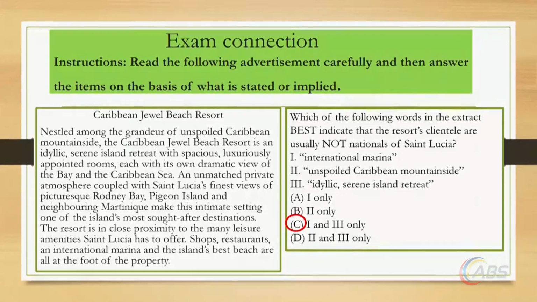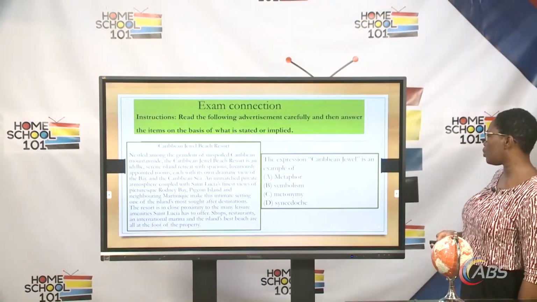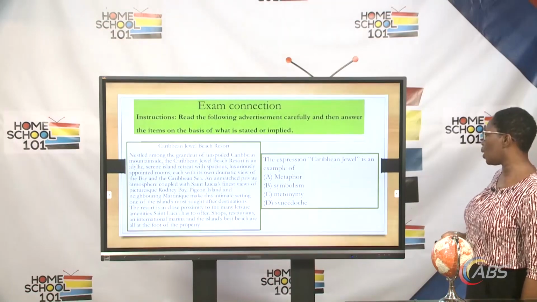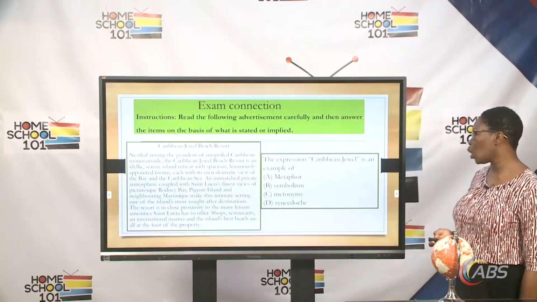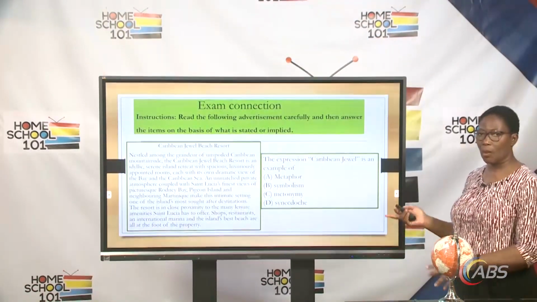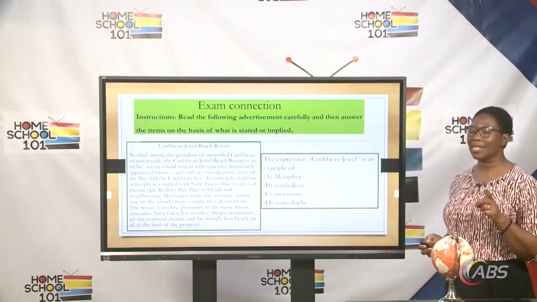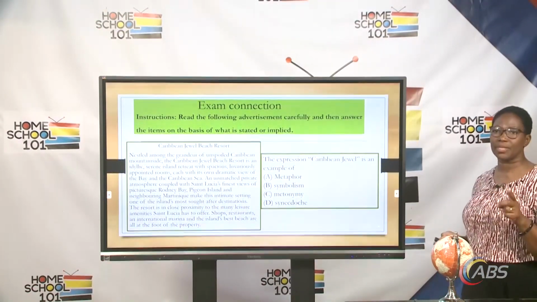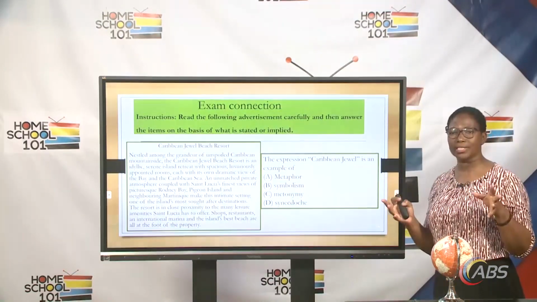Okay, so that is the answer there, and we've come to the final question, which is the expression Caribbean Jewel is an example of which of these? Now, if you don't know what metonymy and synecdoche are, you should do some revision. But let me tell you very quickly, metonymy would be the example of us referring to the entire royalty by the crown.